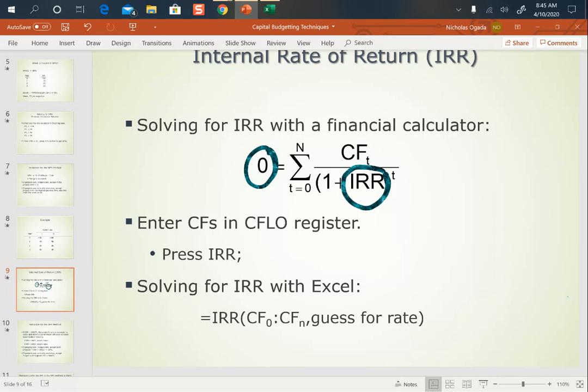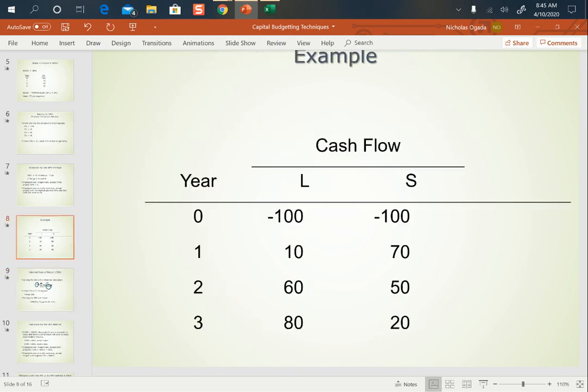Or you could also use Excel, which is what I'm going to use to determine the internal rate of return. We're going to see how we apply this method to these two examples. And then, of course, what is the number telling us? How can we use this to make decisions? That will be our focus as soon as we finish the computation.